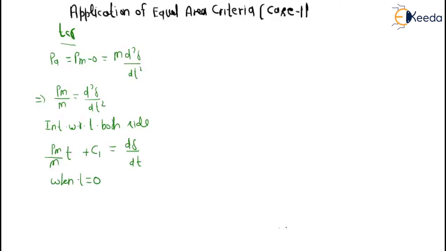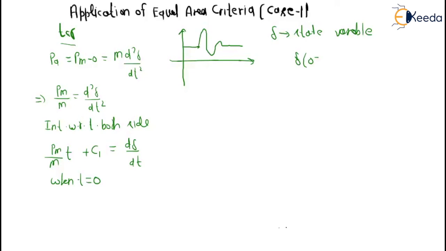So see in the t-delta diagram, guys. The diagram will be like this, as we have discussed earlier. At t equal to 0, we cannot say exactly what the value will be. Delta is the state variable. We know that a state variable has the quantity del of 0 minus equal to del of 0 plus.